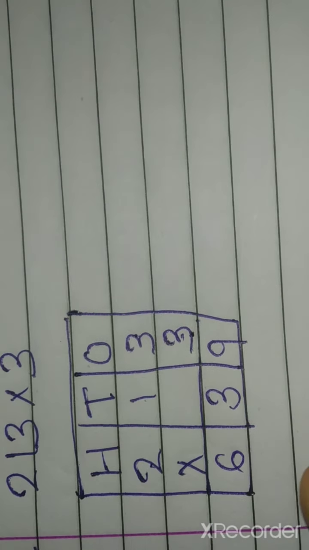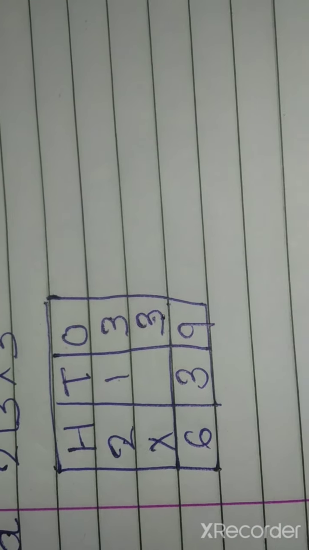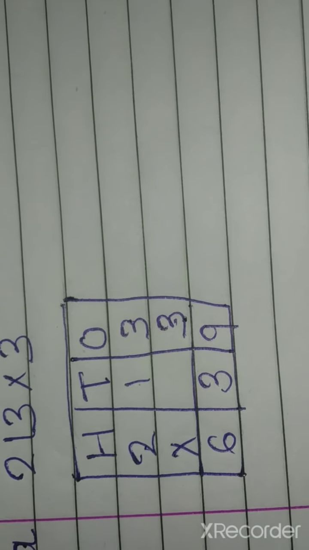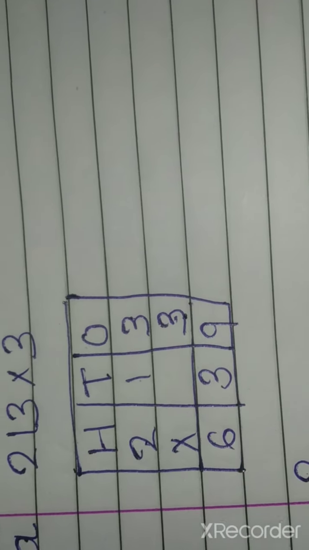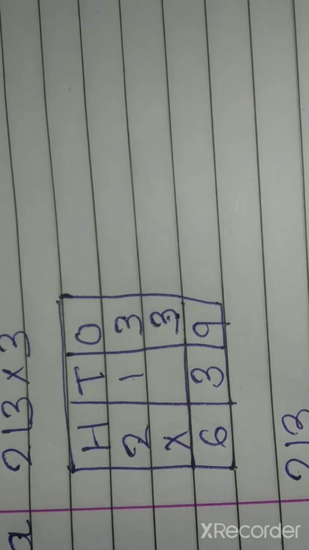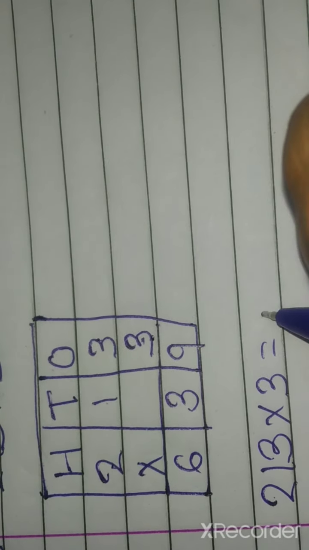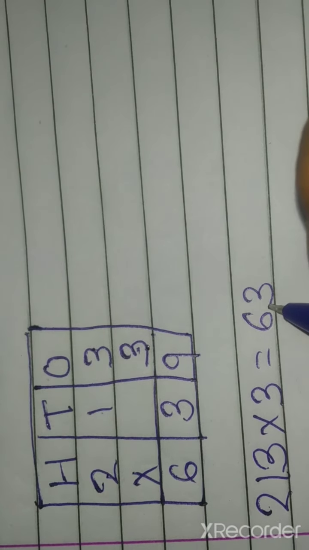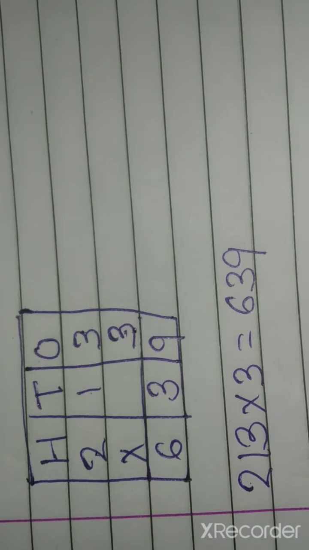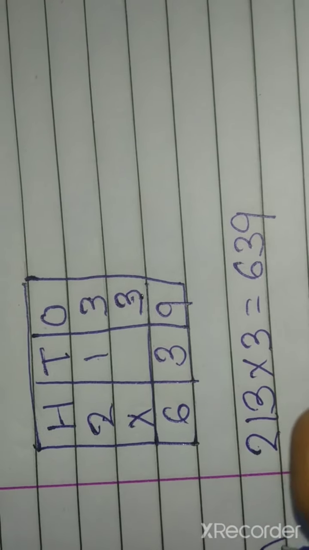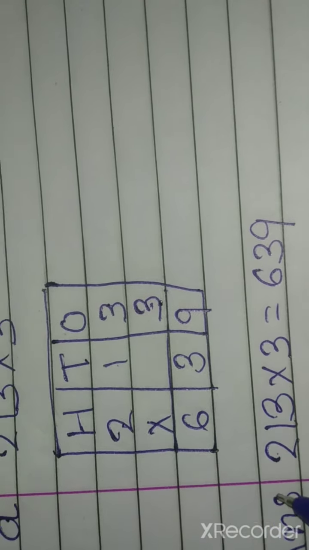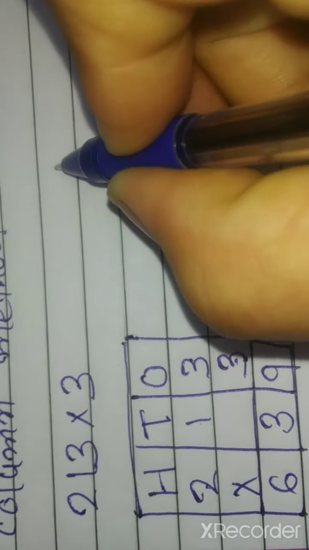This one is our answer. 639. So what do we have to write here? 213 into 3 is equal to 639. This one is our answer. Write it here. Answers. Now the next one.